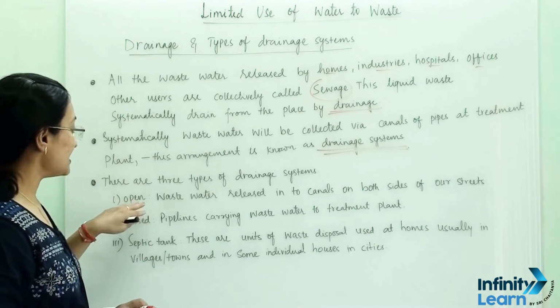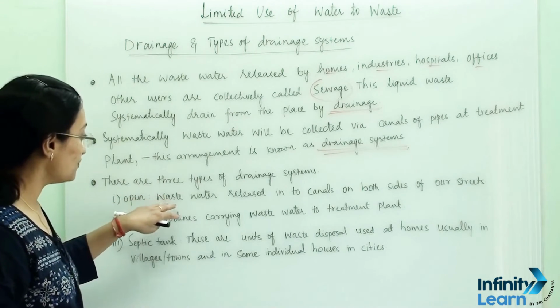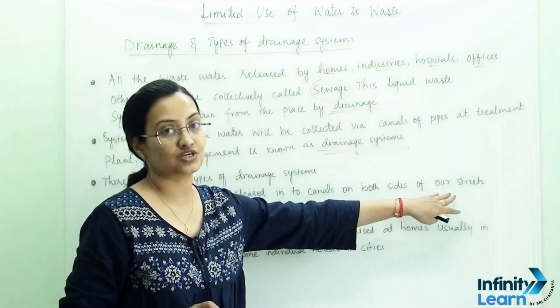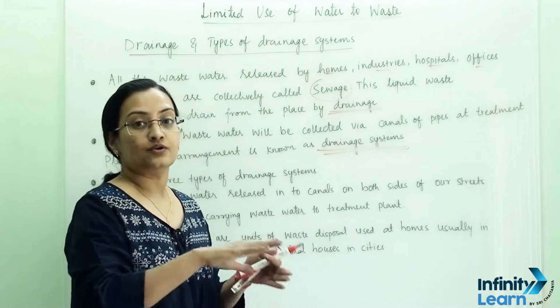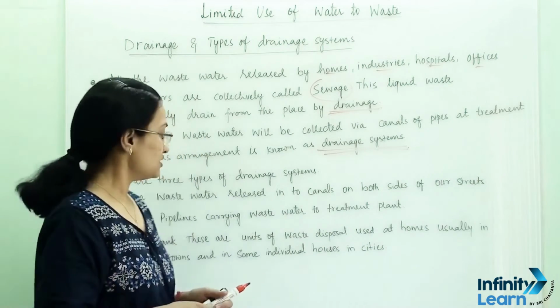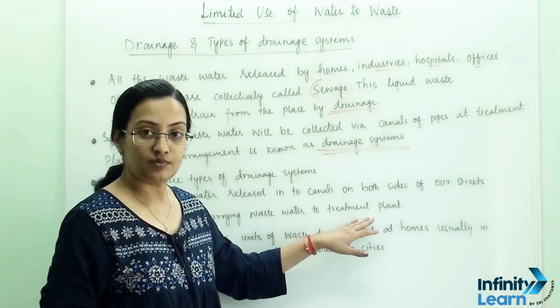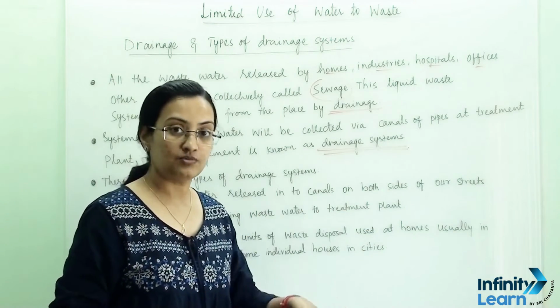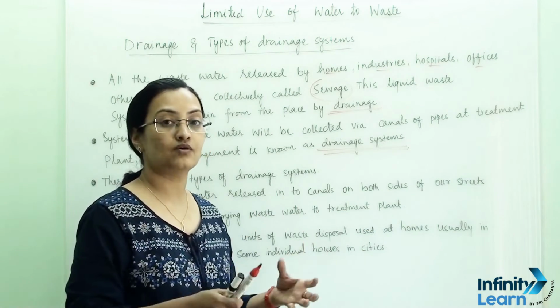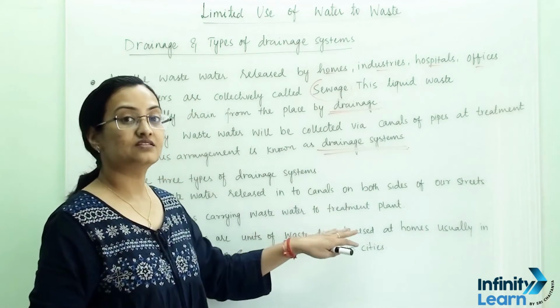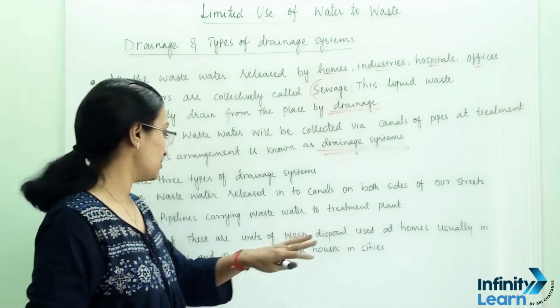The open drainage system consists of wastewater released into canals on both sides of our streets. It will be open and on both sides of the streets. Then closed: pipelines carrying wastewater to the treatment plant. Underground pipelines collect this wastewater and carry it till the treatment plant.